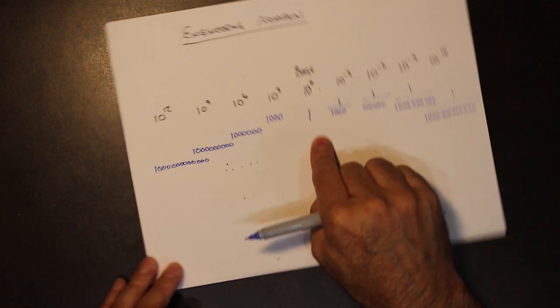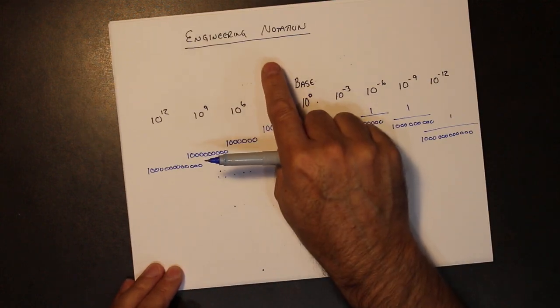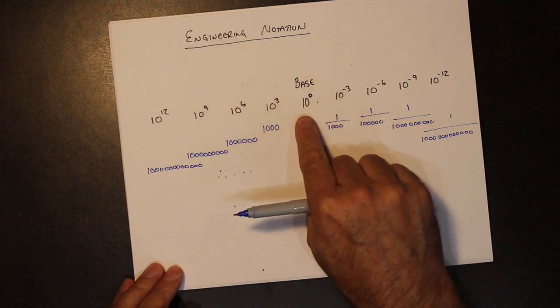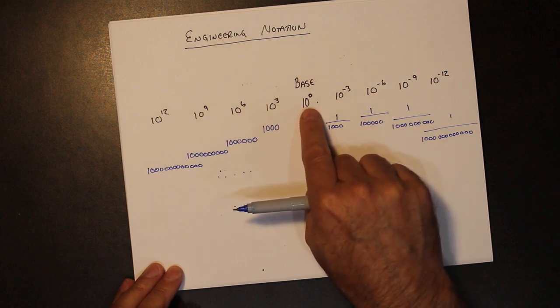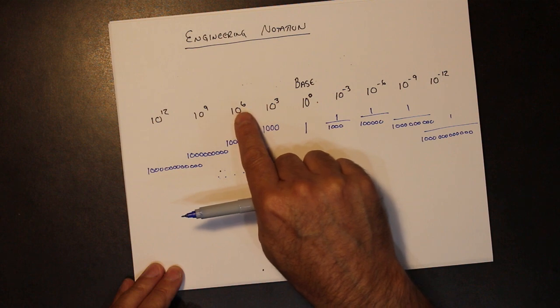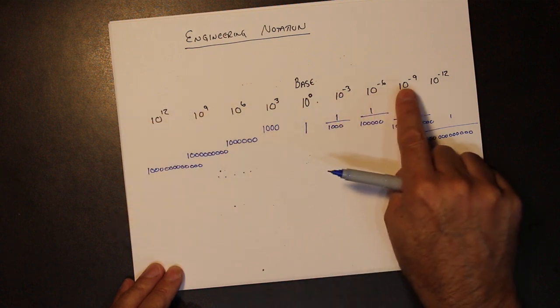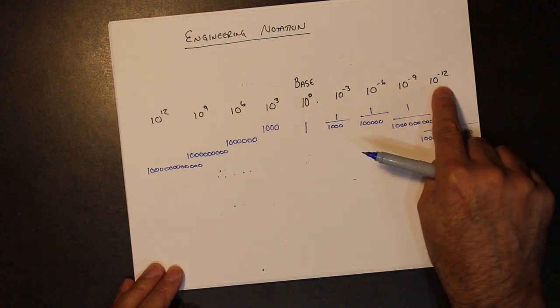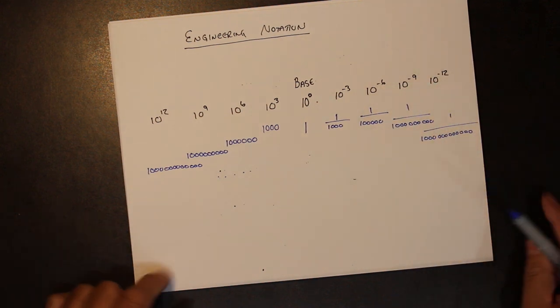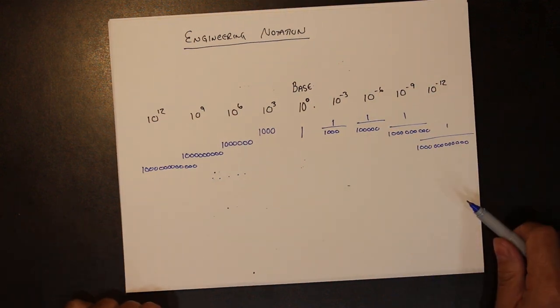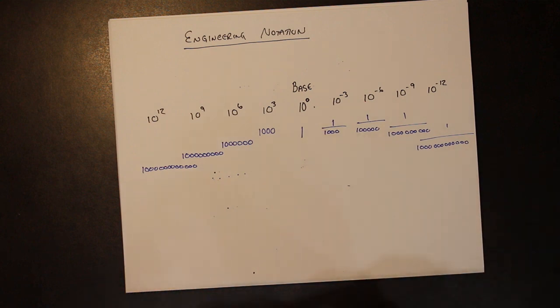So engineering notation uses a special set, and it's powers of 3. So 3, 6, 9, 12, minus 3, minus 6, minus 9, minus 12. Those are all the ones that you're responsible for in this particular class.